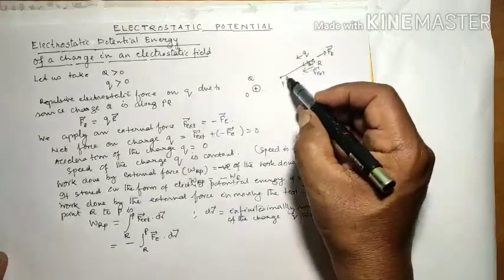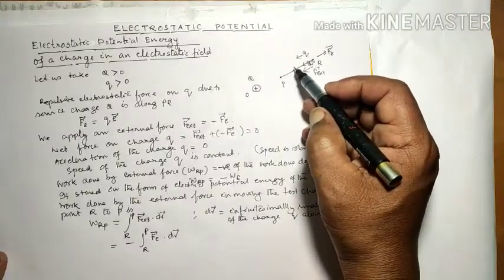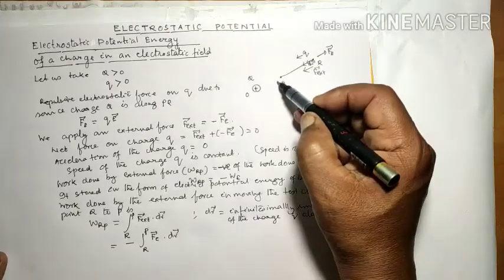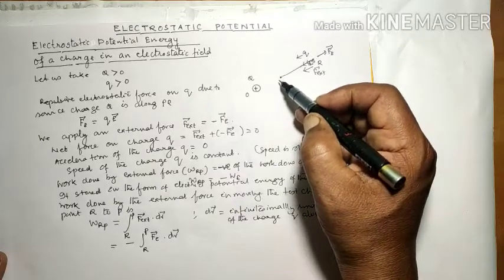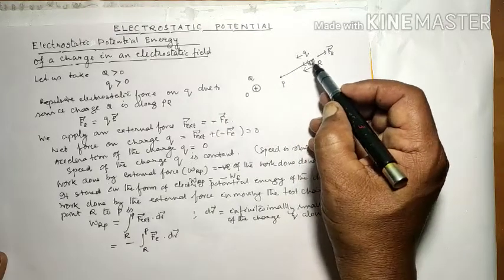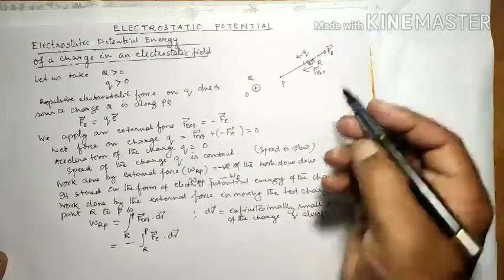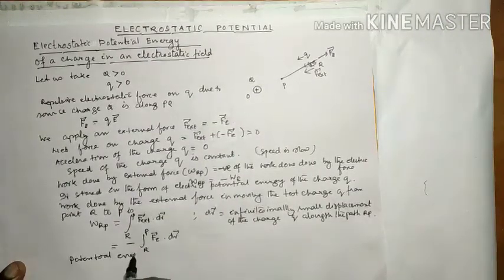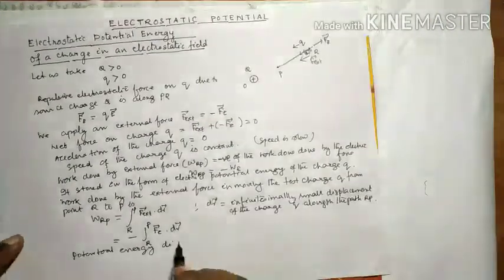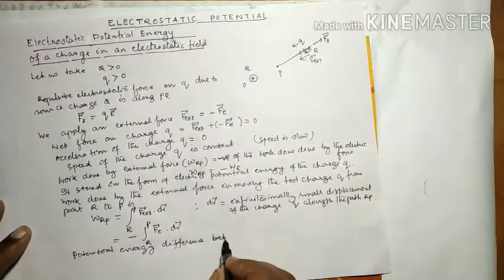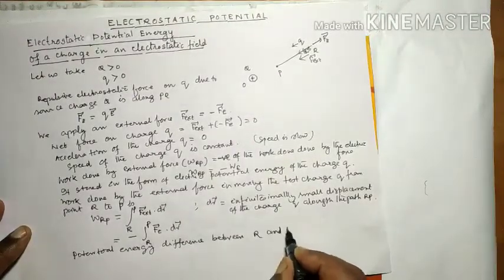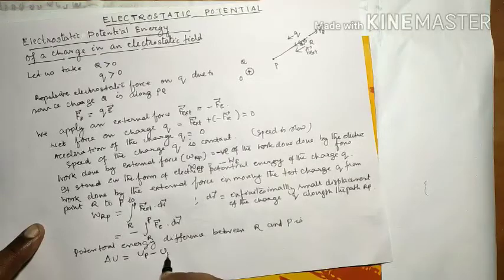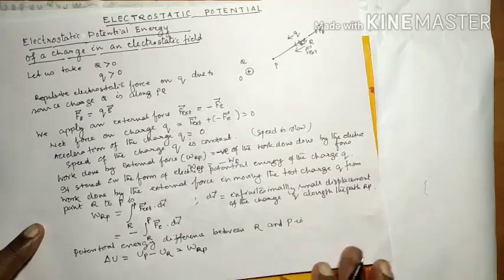At every point, electric field of the charged particle possesses certain amount of electrostatic potential energy. So the work done from R to P increases its potential energy by an amount equal to the work done from R to P. So the potential energy difference between R and P is delta U, that is equal to UP minus UR, that is equal to WRP.